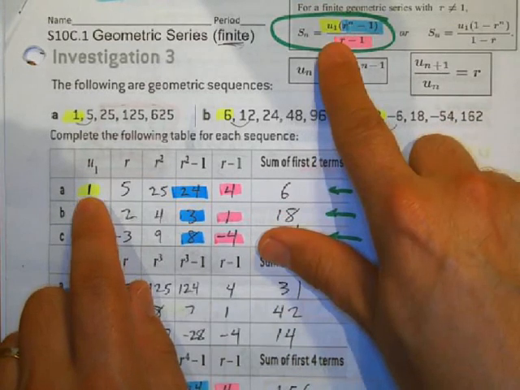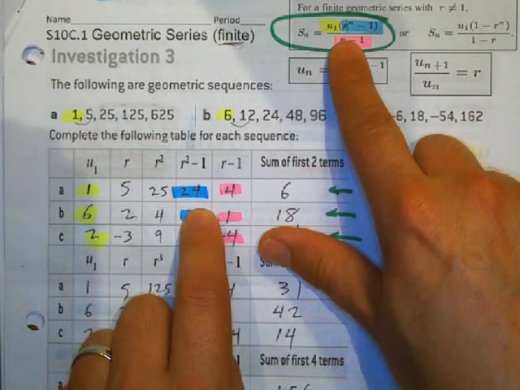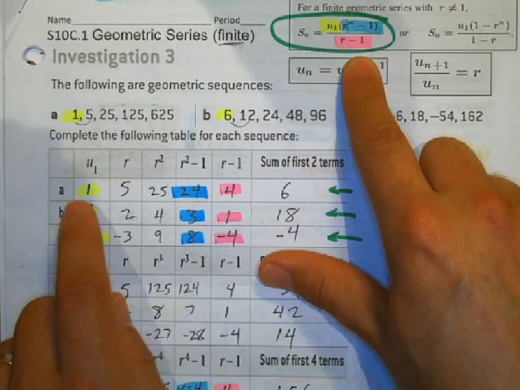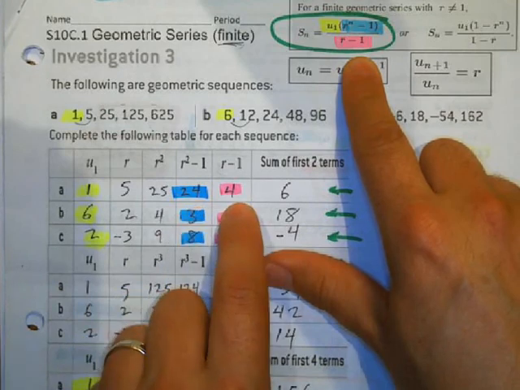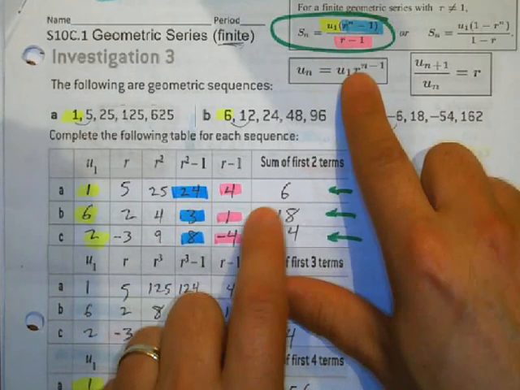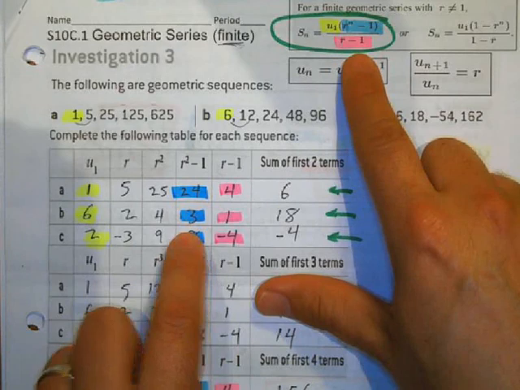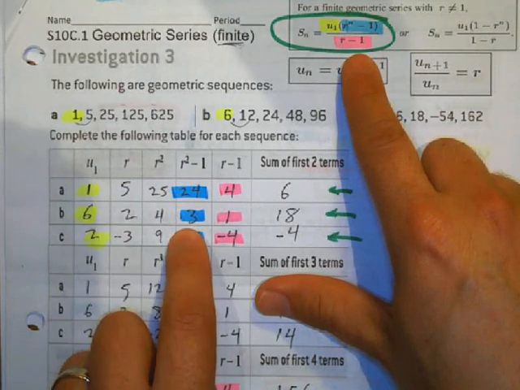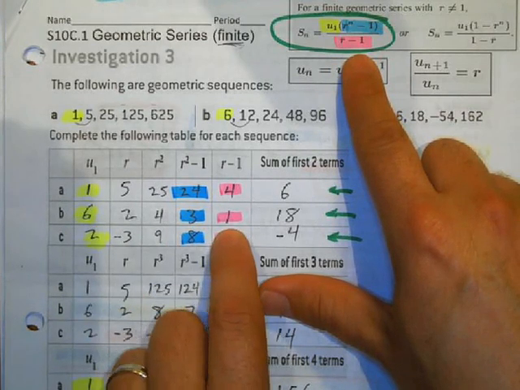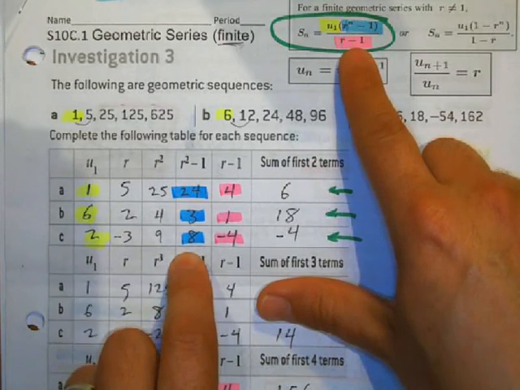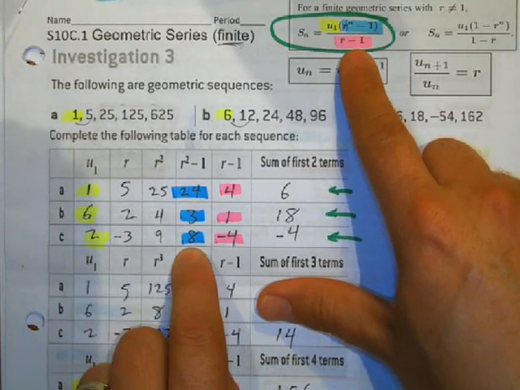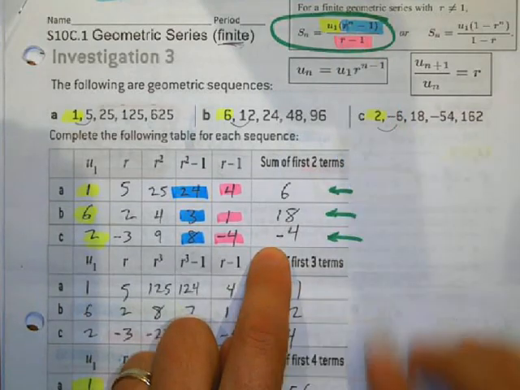The yellow one times the blue one divided by the pink one. 1 times 24 is 24, divided by 4 is going to give me 6. Yellow times blue, 6 times 3 is 18, divided by 1 gives me 18. 2 times 8 is 16, and 16 divided by negative 4 is negative 4.